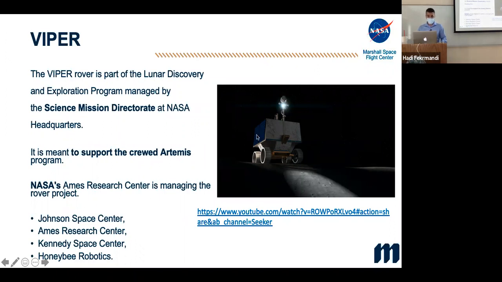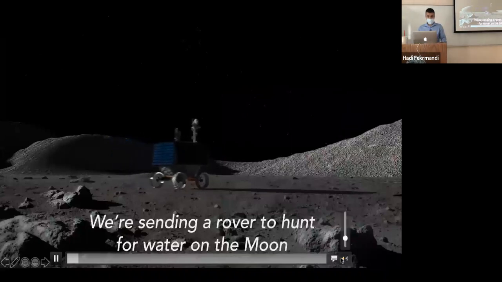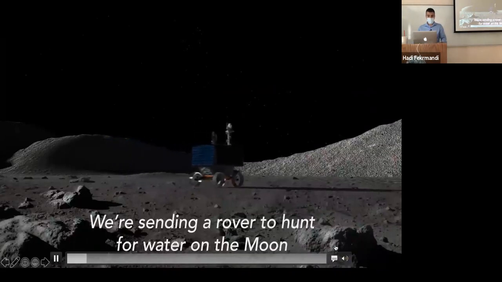And if you look at the VIPER rover, everywhere you're going to see this moon rover that is being developed. It has an LED light brightening in front of it. The reason for that is that there are areas in the south pole of the Moon that, as you can see in this video, are permanently shadowed.